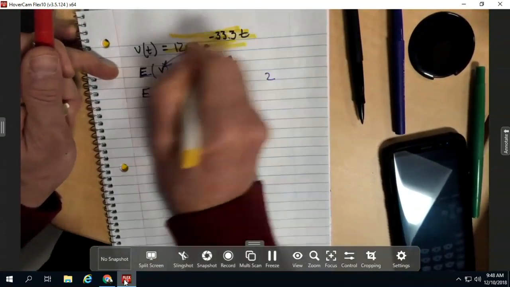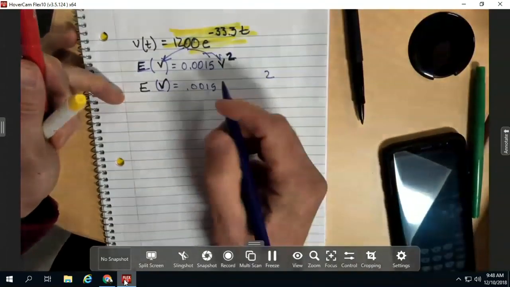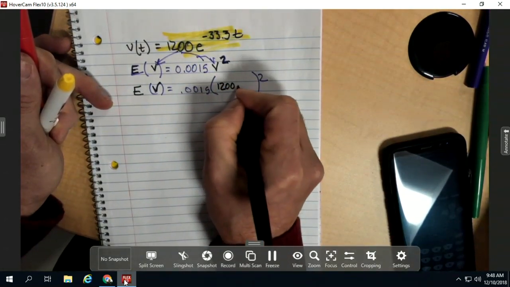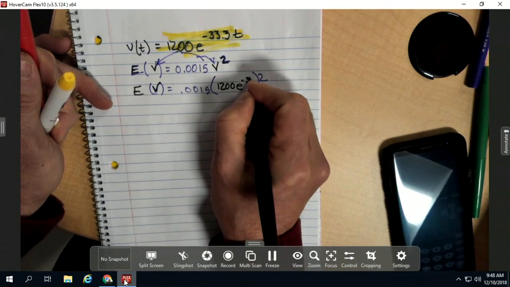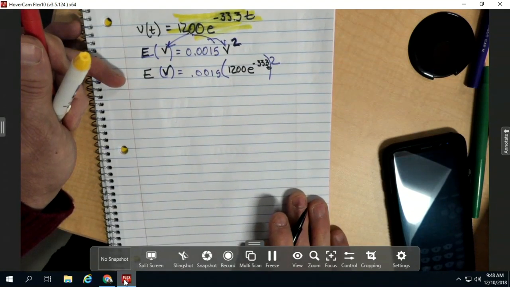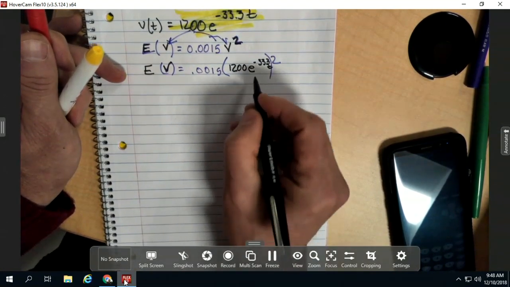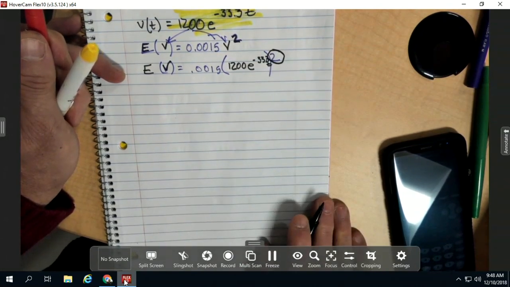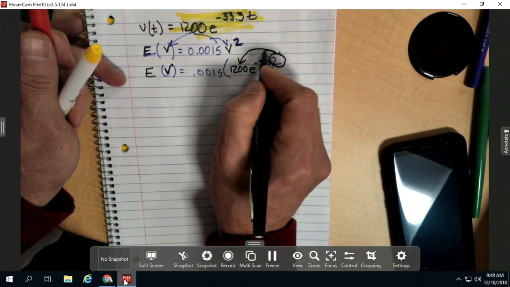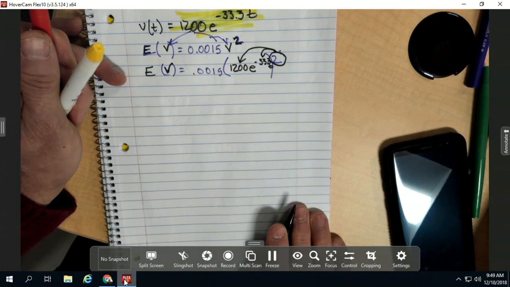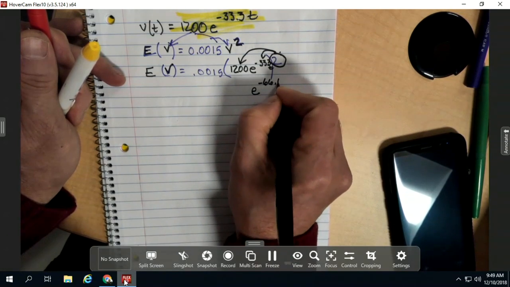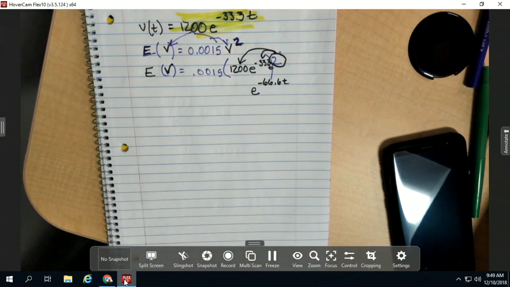It's this stuff here. 1200 e to the negative 33.3 t. Let's simplify this formula. First of all, how do we take care of that part there? That has to distribute into both parts of the parentheses. This part here becomes e to the negative 66.6 t. Do you understand how that part worked?